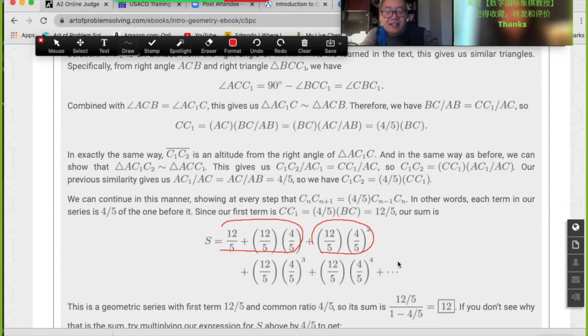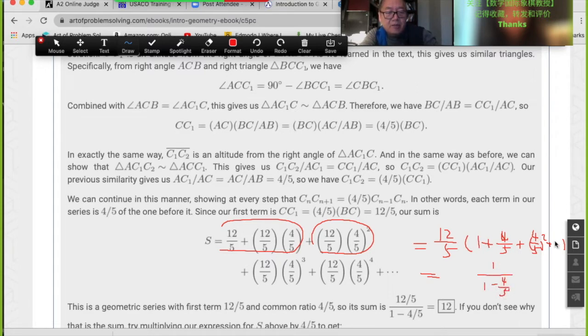Then for this one you can take the 12 over 5 out. So this one is a geometric sequence: 4 over 5, then plus 4 over 5 squared, and so on. So that equals 1 over 1 minus 4 over 5.